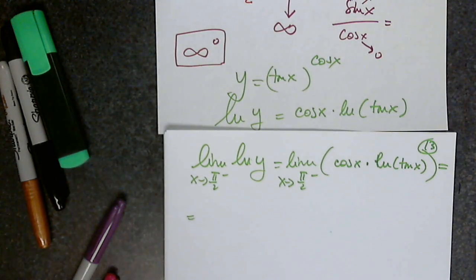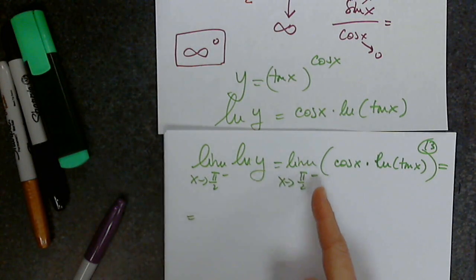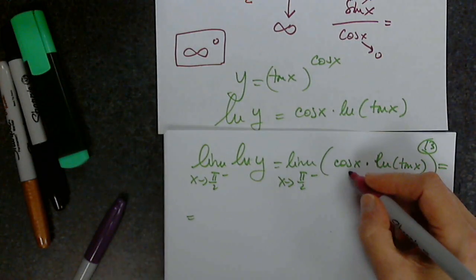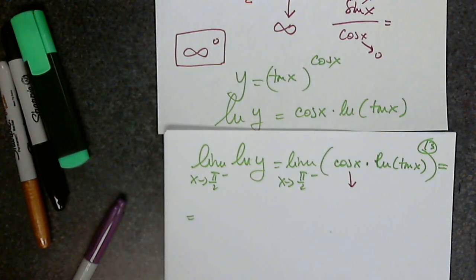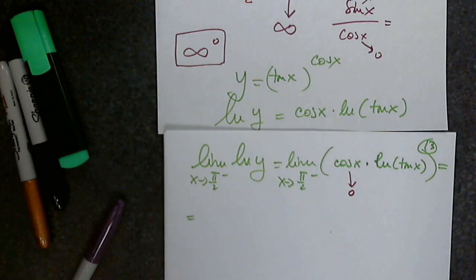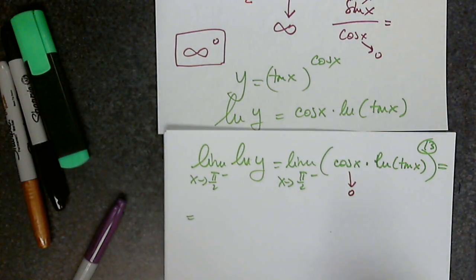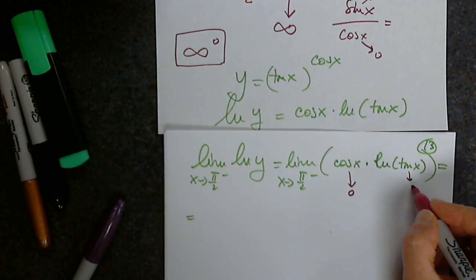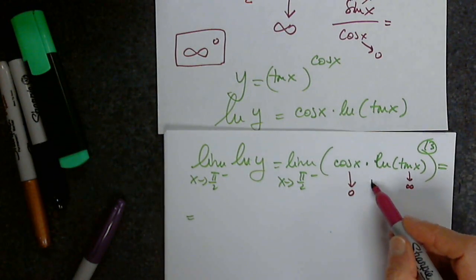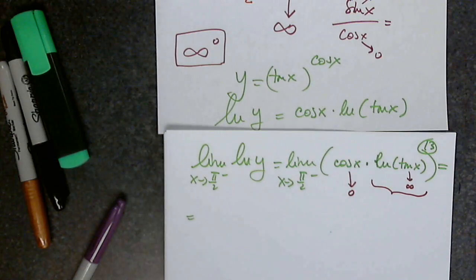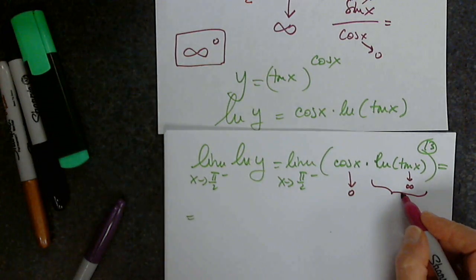So now, one more time, as x approaches pi over 2 from the left, where does cosine go? That didn't change, 0. Tangent did not change either, so when x approaches pi over 2 from the left, tangent still approaches infinity. But what does natural log of infinity mean? Where does this go?